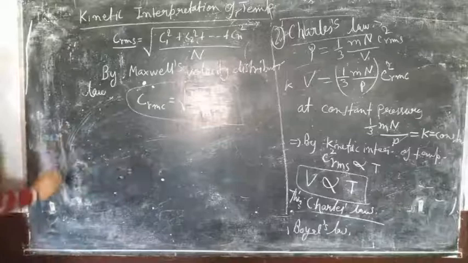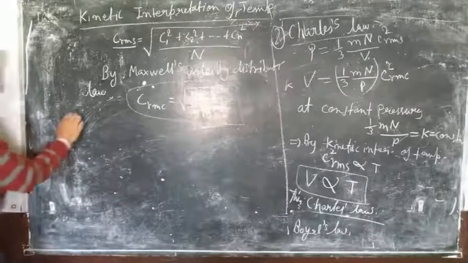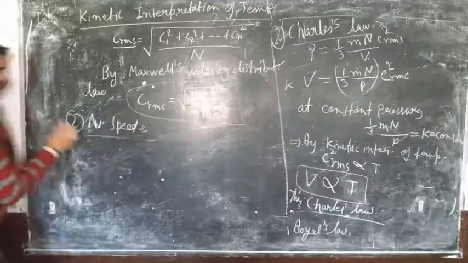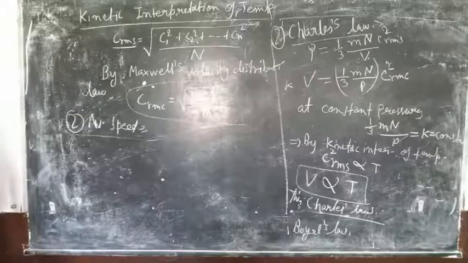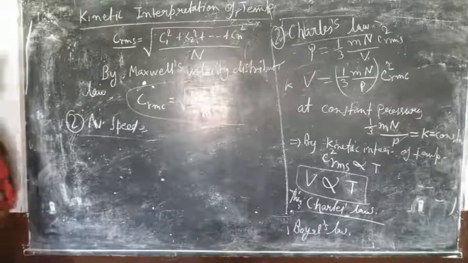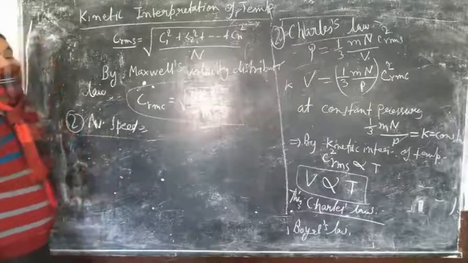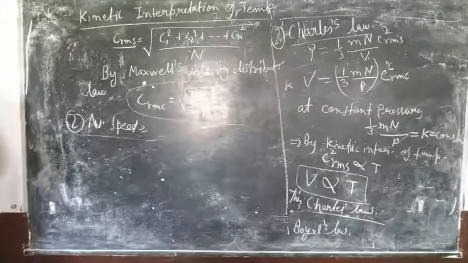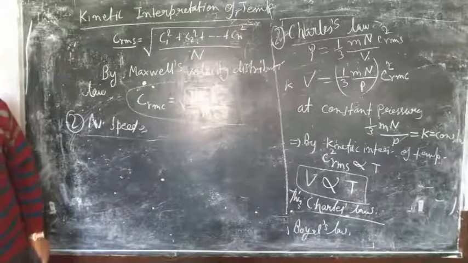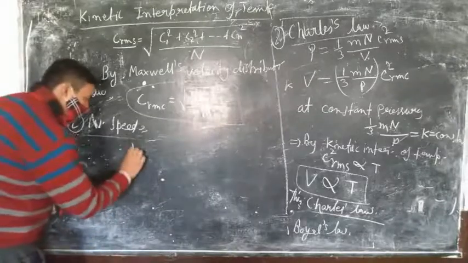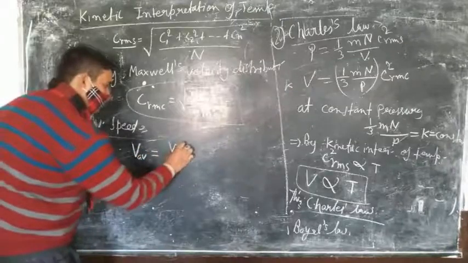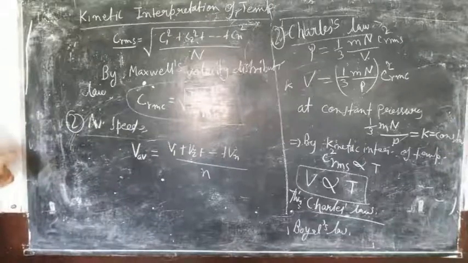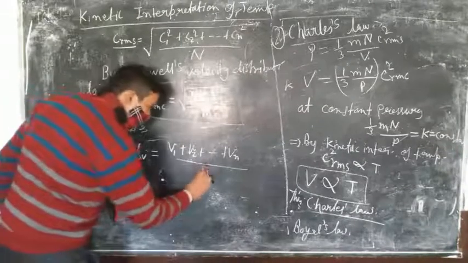Next, average speed. It is given by the mean of the speed of each individual molecule, that is V average is equal to V1 plus V2 till Vn divided by n, where n is the number of molecules, or just use capital N here.